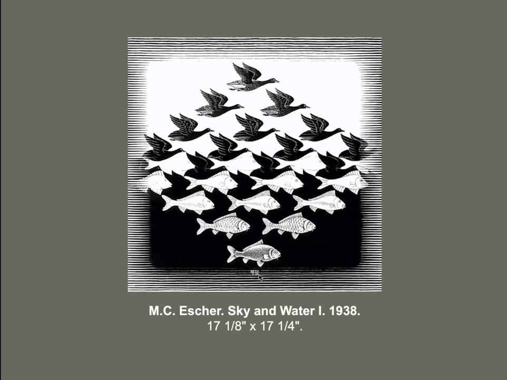So in this piece by M.C. Escher called Sky and Water 1 from 1938, on the bottom, it's very clear what is the figure, right? The fish is the figure and the black is the ground. Whereas in the top of the composition, we have the bird being the figure and the white being the ground.